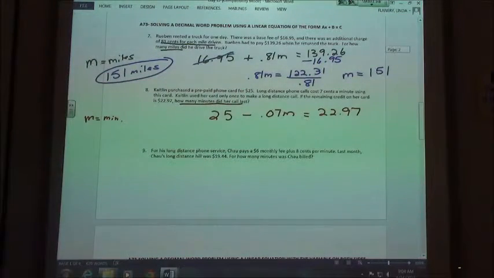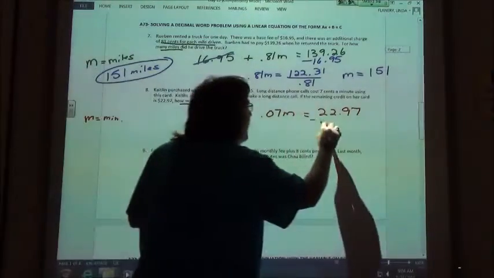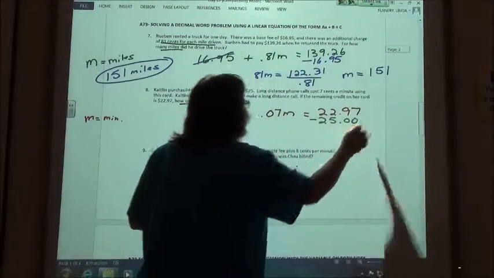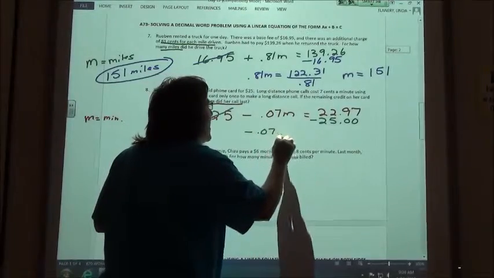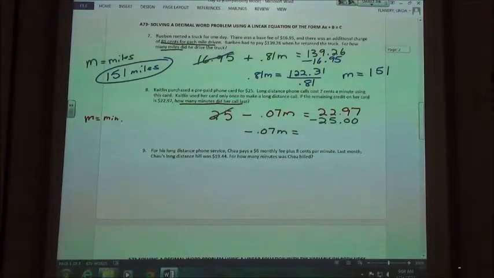So if I'm going to solve that equation, first thing I'd probably do, subtract my 25, which is going to give me a negative, but that's okay because I have a negative in front of my M. So $22.97 minus 25.